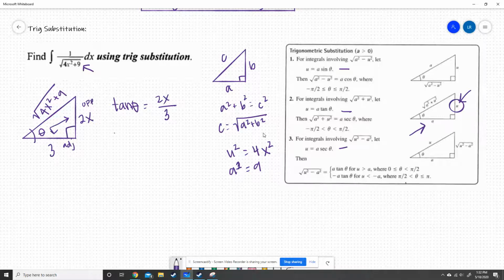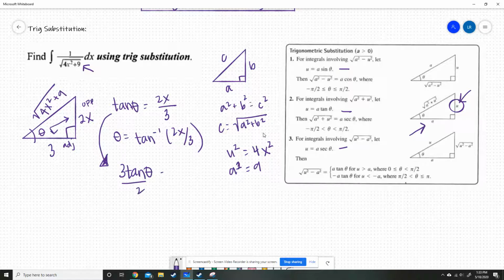Not that I need to right now, but theta would be the inverse tangent of 2x over 3. And I could figure out what just x would be, because I would multiply by 3 and then divide by 2. All of these things come from drawing this triangle.